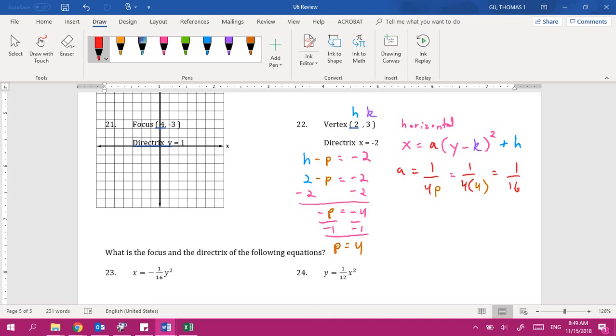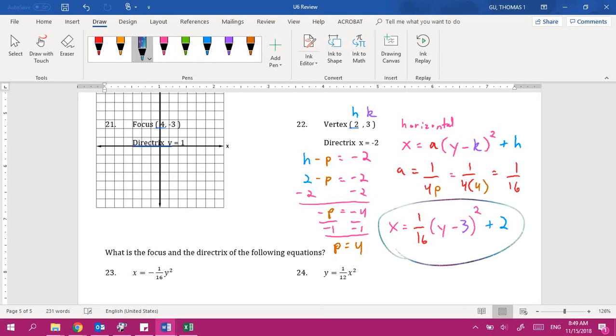So what is your equation going to be? 1/16, just from the beginning. x equals 1/16 (y minus 3) squared plus 2, there it is.